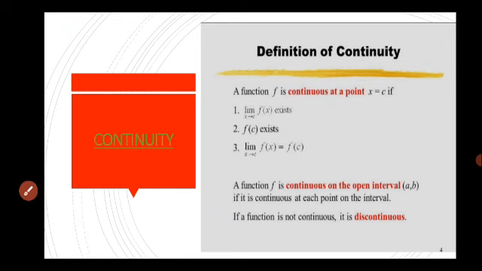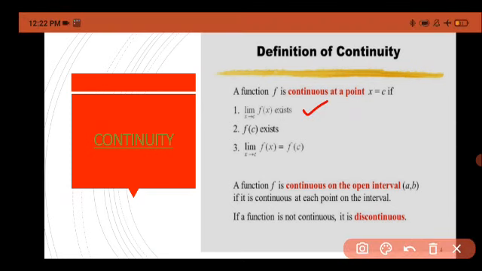Now, continuity. After the limit, continuity is the topic. The function f is continuous at a point x equal to c if the limit as x tends to c of f(x) exists, meaning we are getting some value, defined means a proper value. f(c) should exist and the limit as x tends to c of f(x) is equal to f(c).